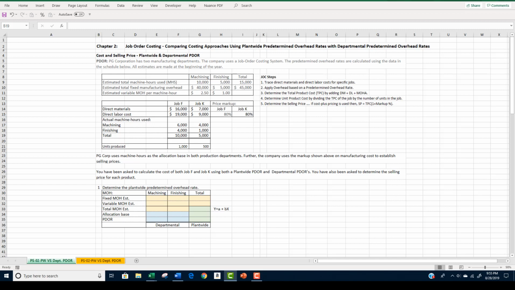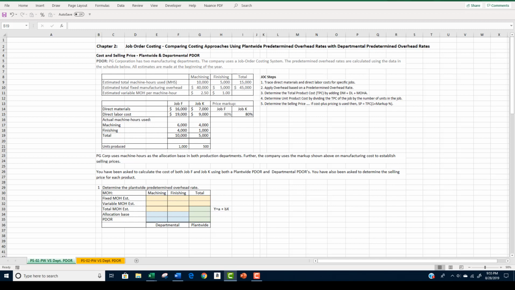Understanding the problem is always key to preparing an answer. Meeting the requirements requires that you present a comparison of total product costs using a plant-wide predetermined overhead rate and departmental predetermined overhead rates.